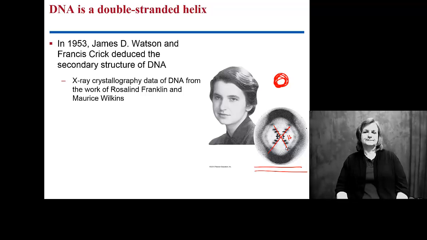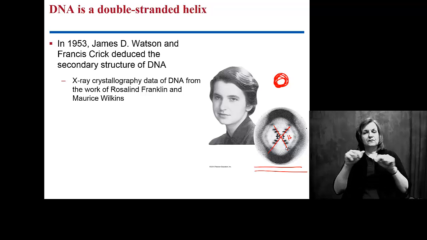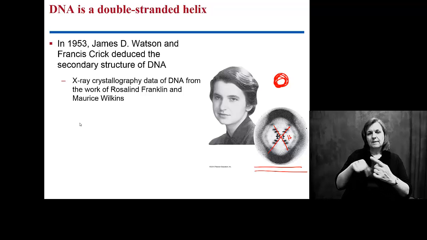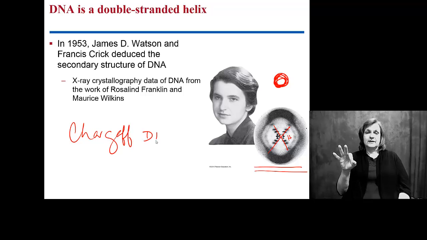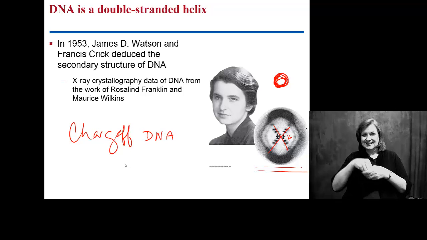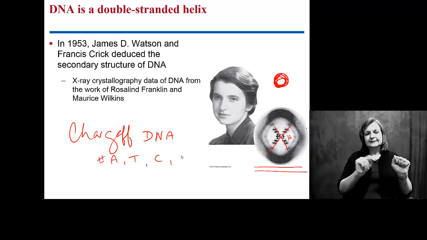So from there, they have built all kinds of theories and made all sorts of observations about DNA. In particular, Chargaff did a lot of work on DNA composition, looking at the numbers of A's, T's, C's, and G's.